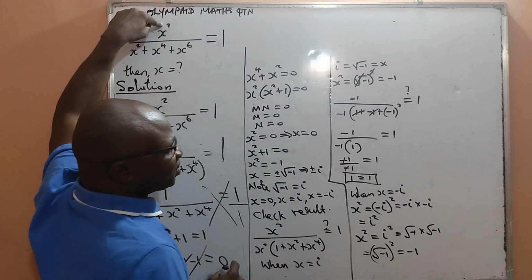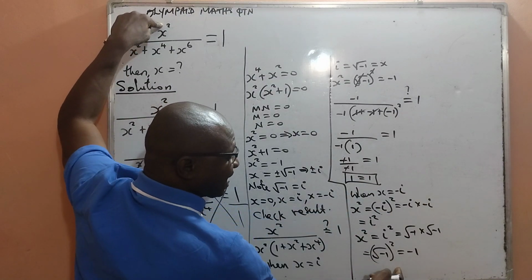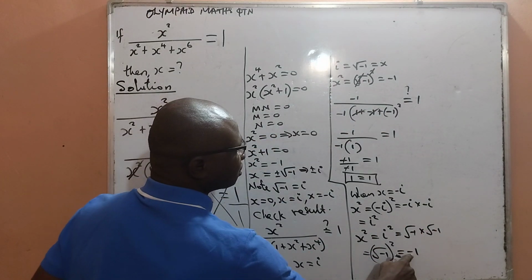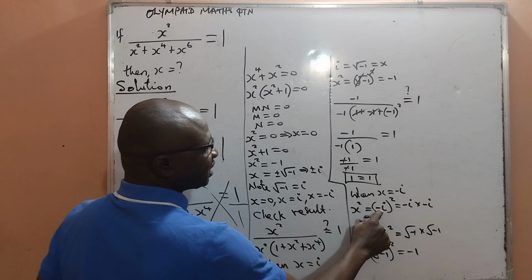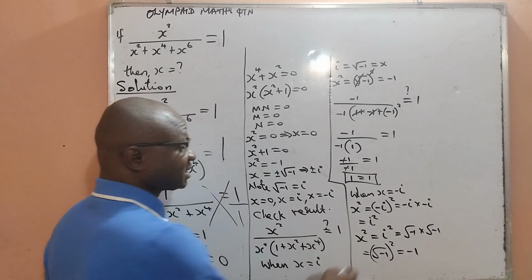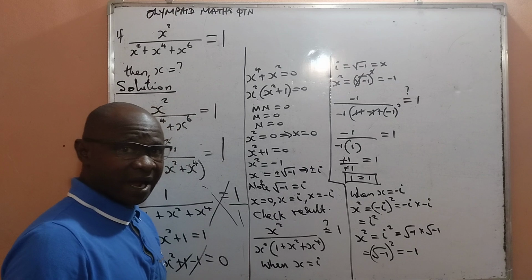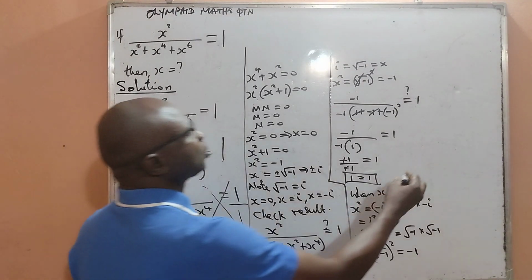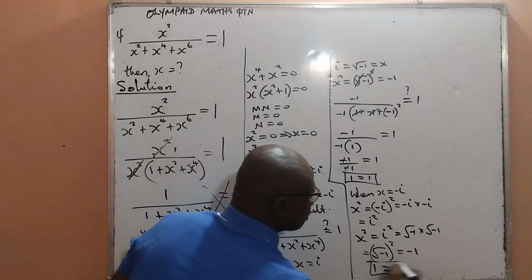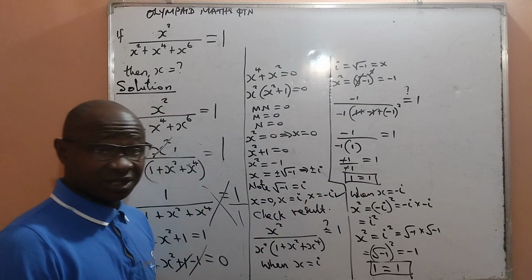Now, having analyzed x equal to negative I, it has returned us back to still the same negative 1, implying that the substitution of x equal to negative I is still the same thing as putting the value of minus 1 to every given x raised to power 2. So in conclusion, it means that the second one will still give us 1 equal to 1, satisfying that x is also equal to negative I.